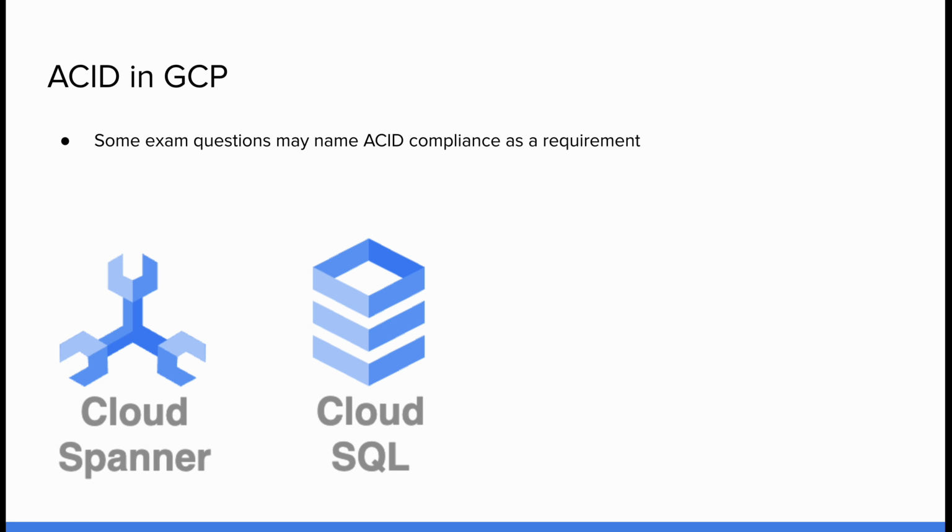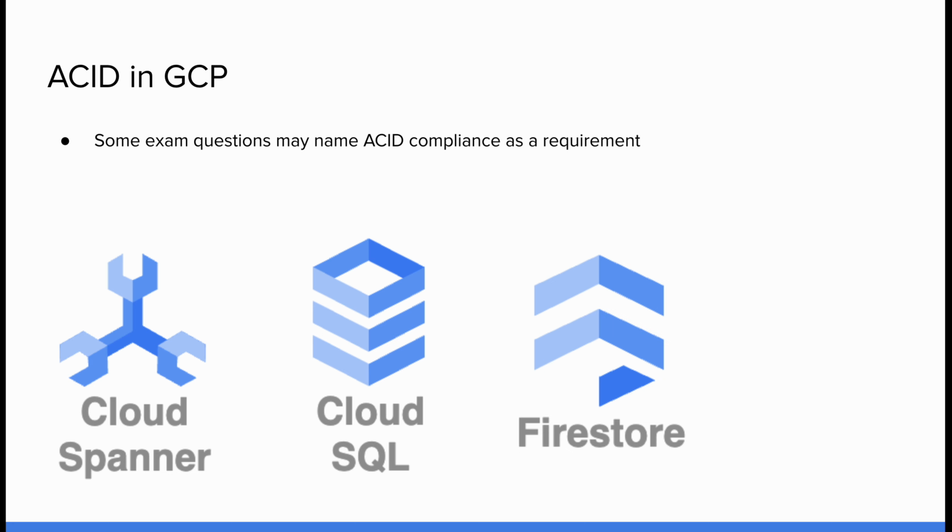Cloud SQL supports traditional SQL transactional databases, Postgres, MySQL, SQL Server, all of which are fully ACID compliant. Firestore offers ACID compliance at the document level, making it good for NoSQL applications that need transactional integrity.